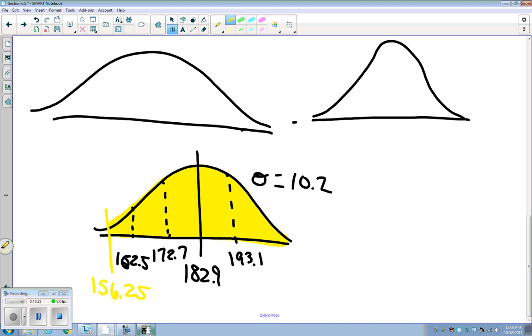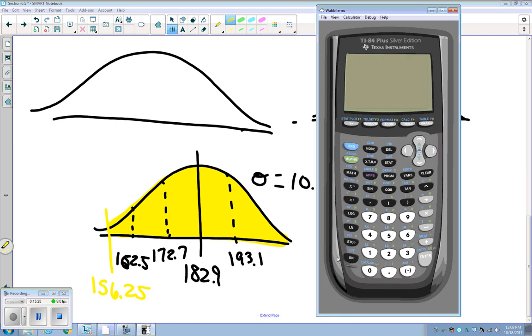Go into your calculator. My lower end is still 156.25. My upper end is still 9999999. But the mu stays the same, and the standard deviation now is 10 point.